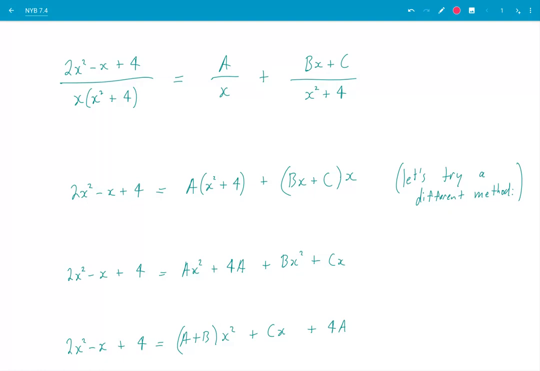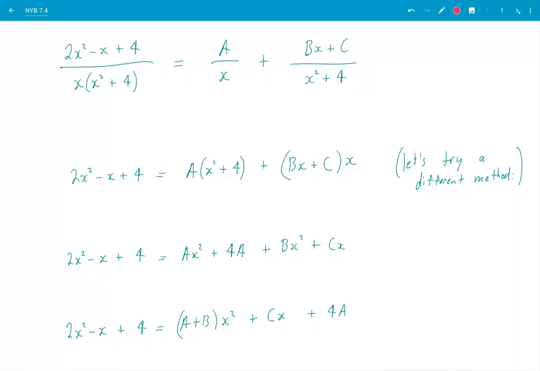And what I say is that the polynomial on the left is equal to the polynomial on the right. And one can prove that this means that this coefficient must equal this coefficient. The coefficient of the x term here must equal the coefficient of the x term here, and the constant terms must equal. Okay, so what we're going to do is what's called equating coefficients.